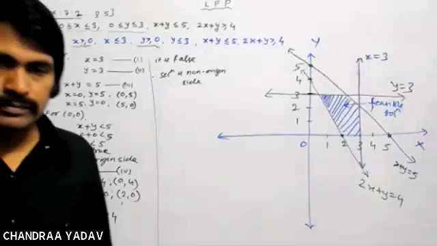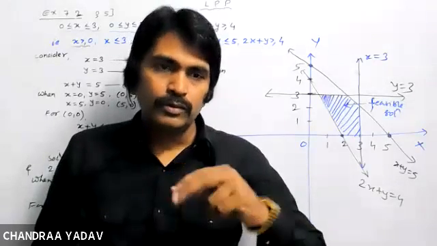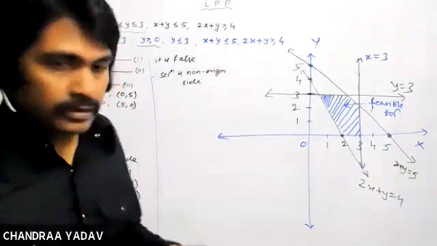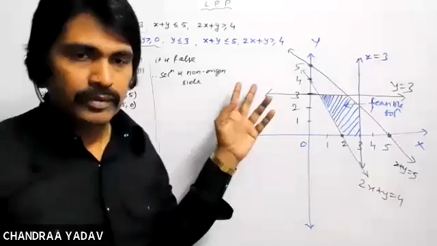Any confusion related to this one? Any doubt? Sure? Because from this chapter you will get only one question for 4 marks, sometimes 2 questions for 2 marks. It may be a word problem or maybe based on a graph.